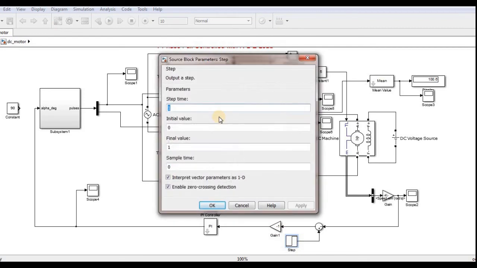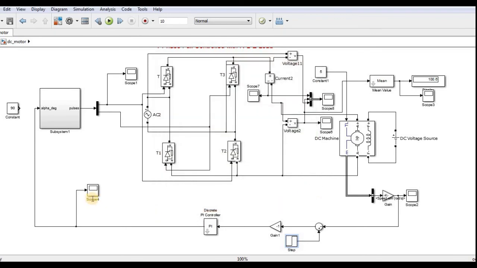Initially 1000 I require, or initially 750 I required. Sorry, step time is after 1.5 seconds. I require the initial value as 750 and the final value as 1000.